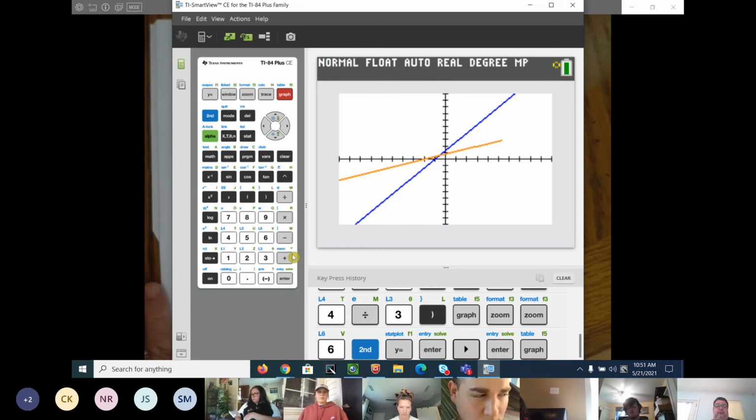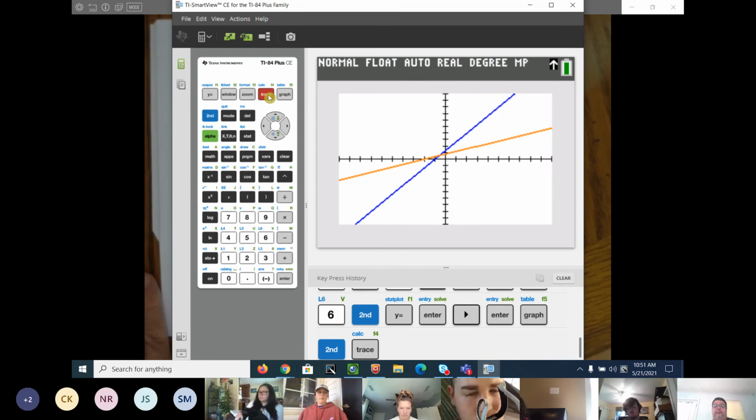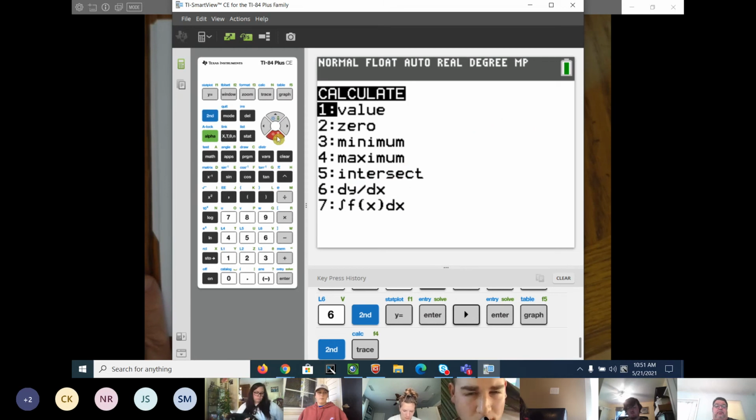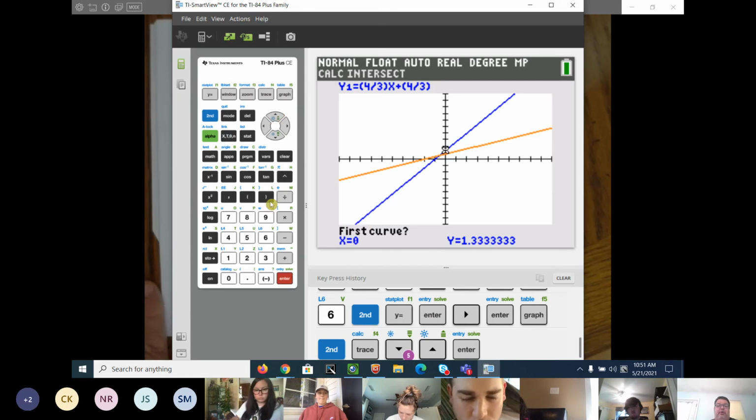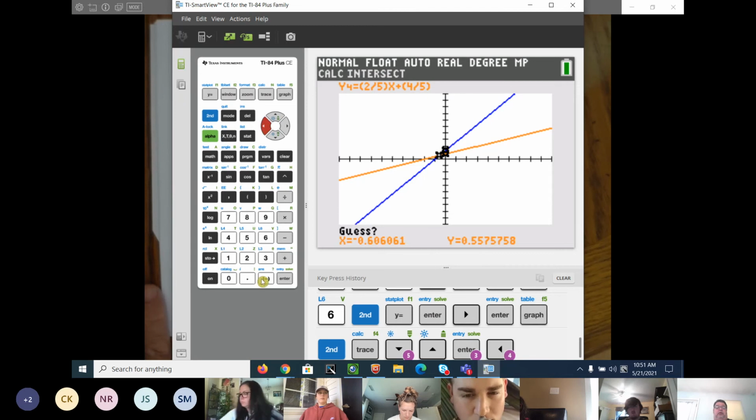And now let's find the intersection. Hit second, trace, intersect. Y'all are learning so much in this class. I want to check the blue line, then check the orange line, and then put in a guess. Right in there.